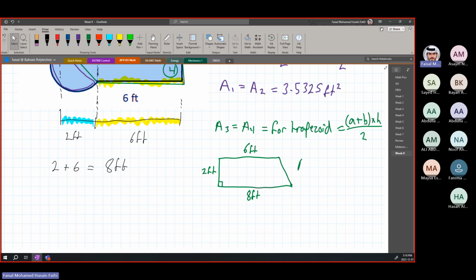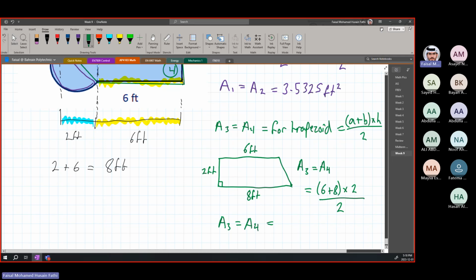Now we can solve where A3 is equal to A4, and they're both equal to A plus B, which is 6 plus 8 or 8 plus 6, it doesn't matter, times height, which is 2, divided by 2. So A3 equal to A4 is equal to 6 plus 8, which is 14 feet squared, because we're multiplying.